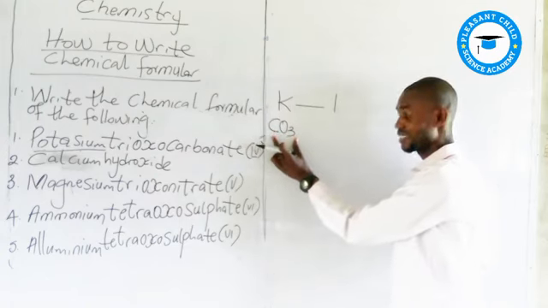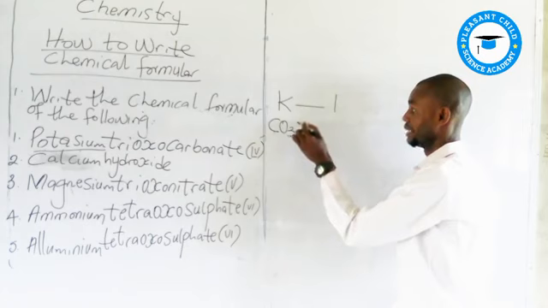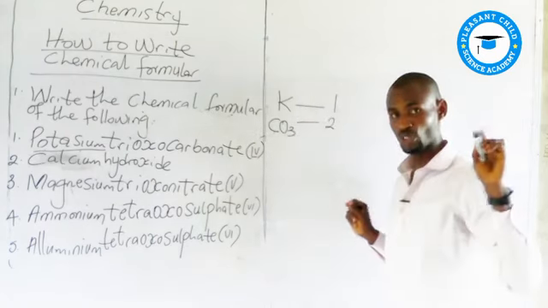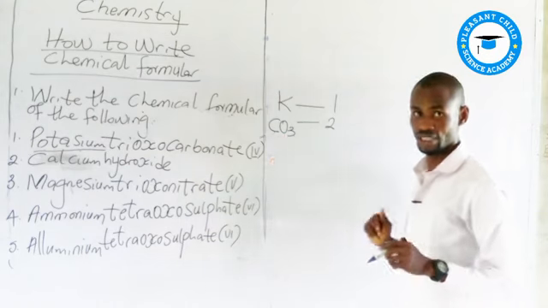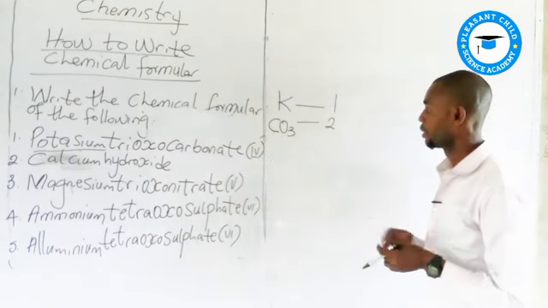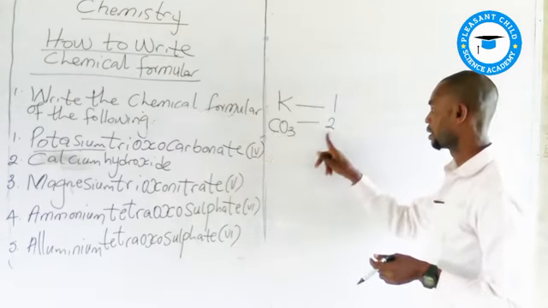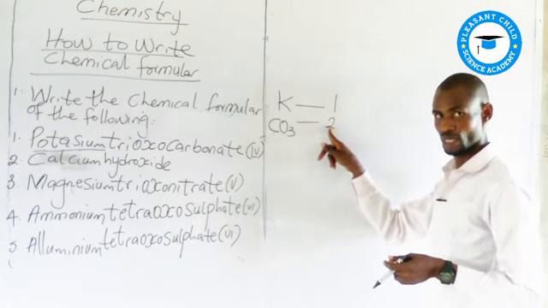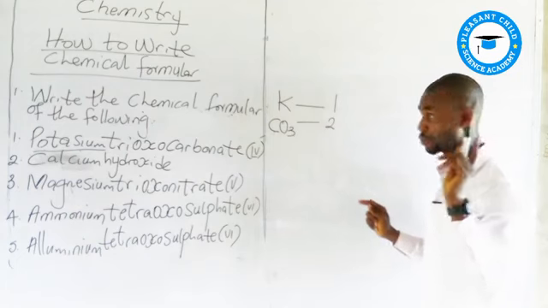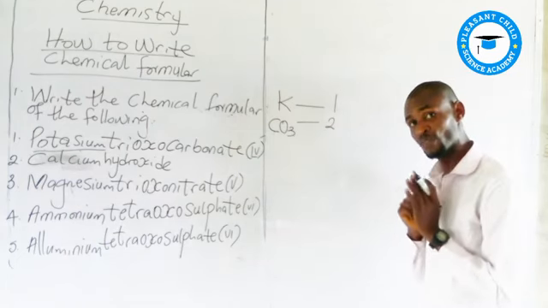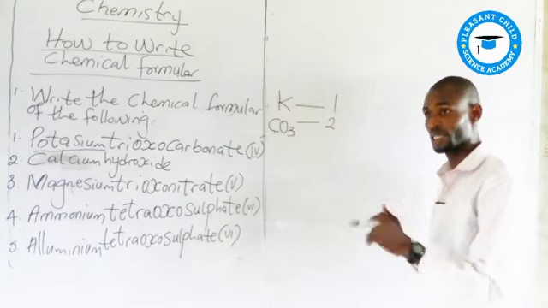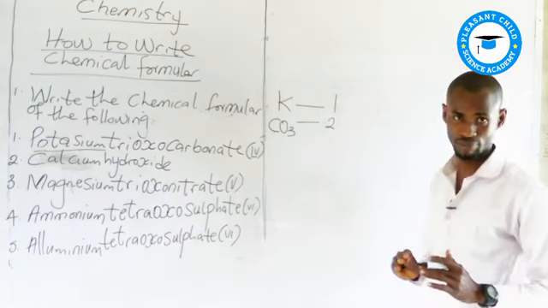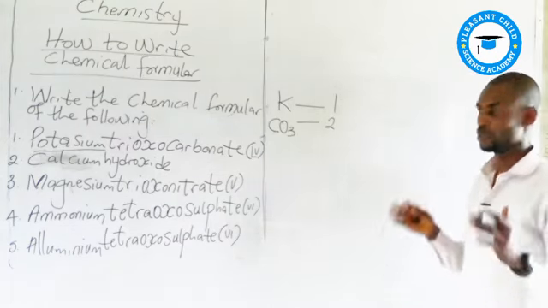If you want to express this in the form of an ion, the valency of this CO3 is 2. Go back to the previous video, I have discussed this radical. So this radical CO3, the valency is 2, and it is 2 minus. And remember, I told you that anytime you are combining ions together, you must write the positive ion first before the negative.